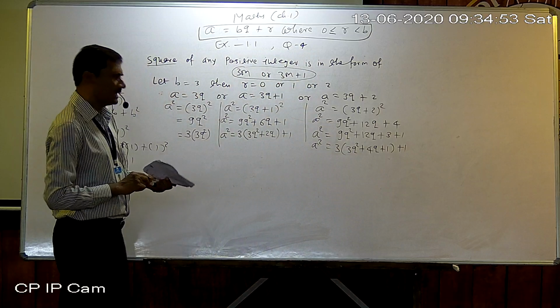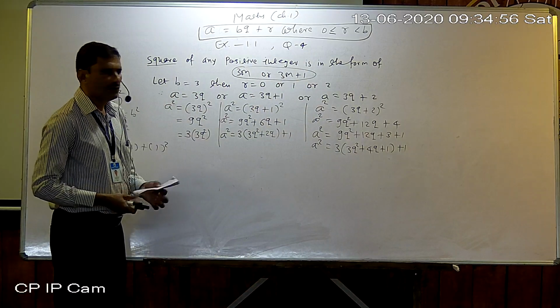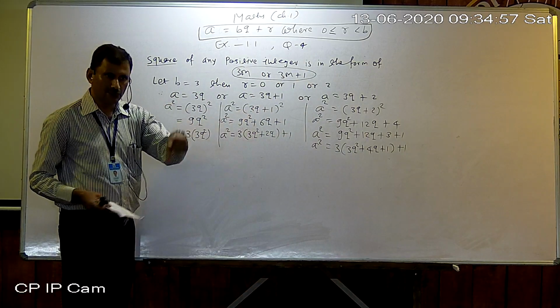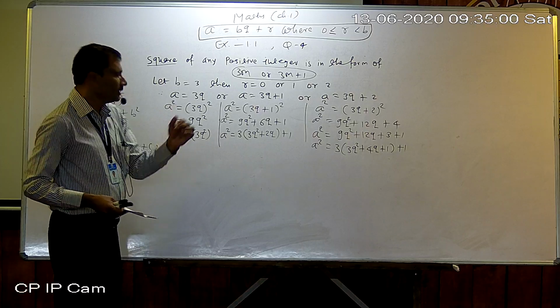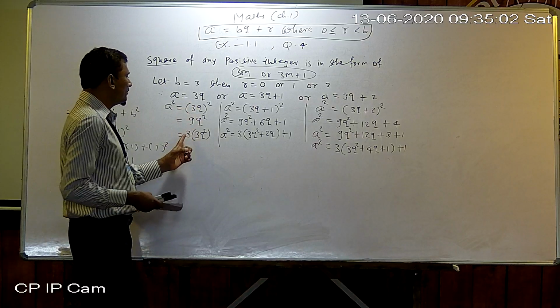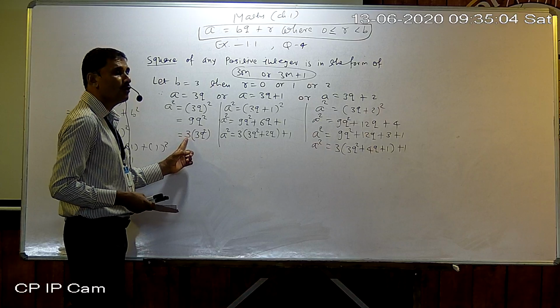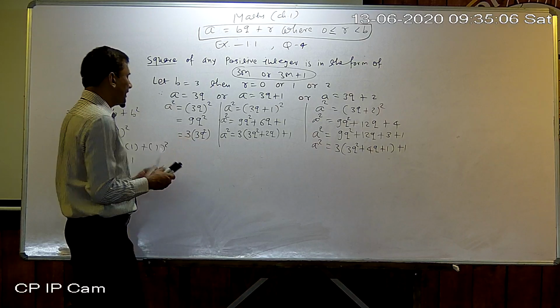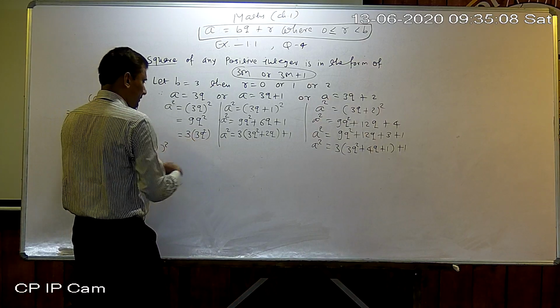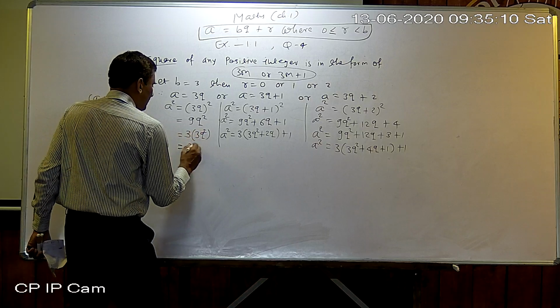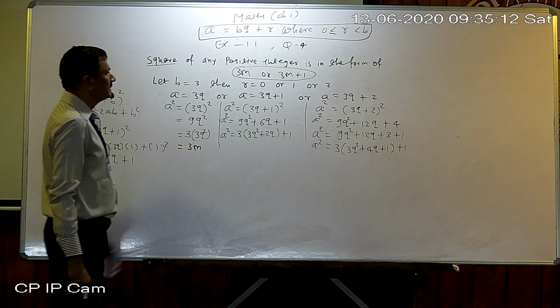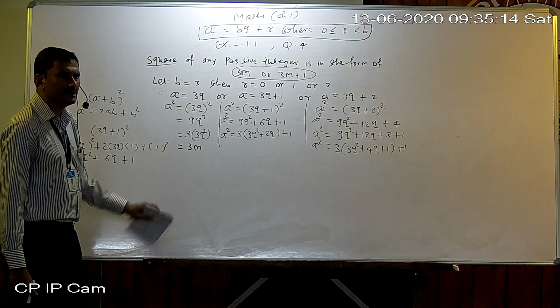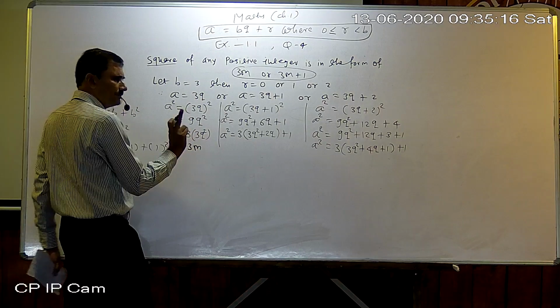Now, whatever is inside the bracket is not important. We are only interested in the multiple, meaning the coefficient. So in place of the bracket I can write any new letter. I am writing m only. Whatever m is, not important.